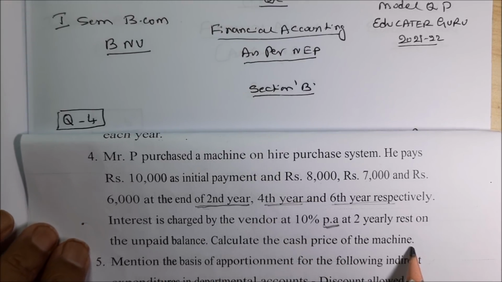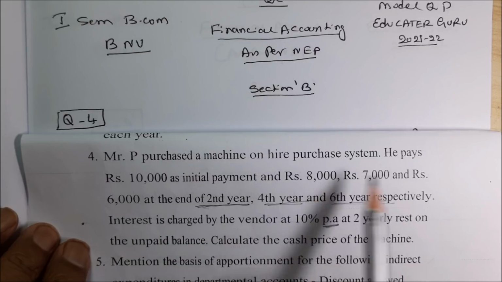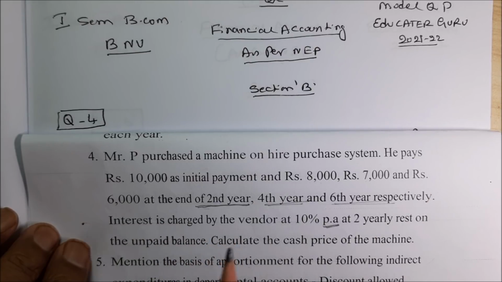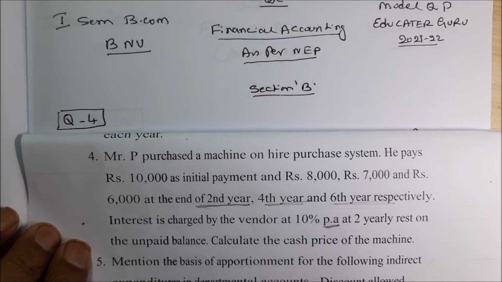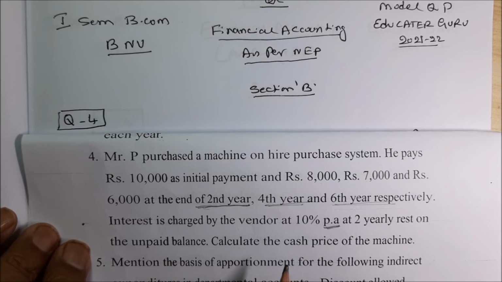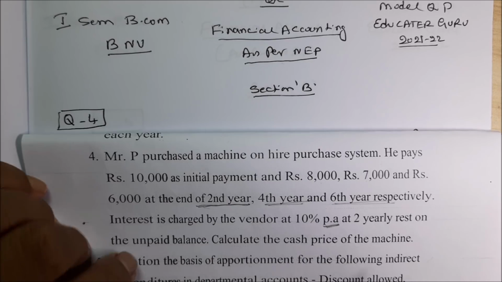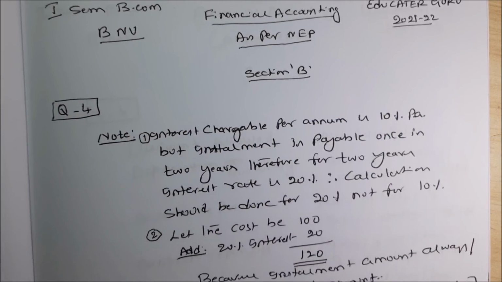Calculate the cash price of the machine. Whenever it is given like this, it is called back calculation. Many times they do it in tabular form, but my method is the simplest way of using arithmetic back calculation. I will show you how to do it.